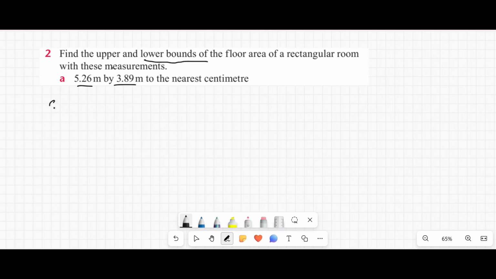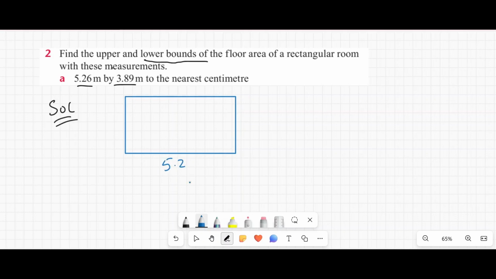Let's write the rectangle first. Okay, how it will look now. So this is our length, 5.26 meters, but we have to convert this length into centimeters, because the accuracy is given to the nearest centimeter.